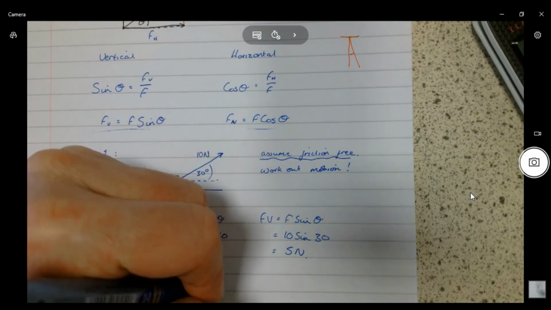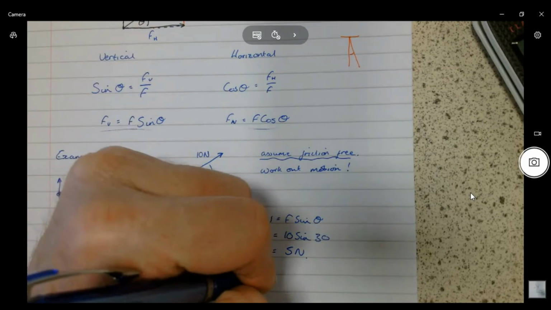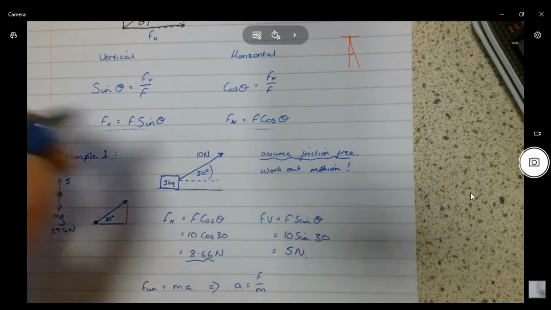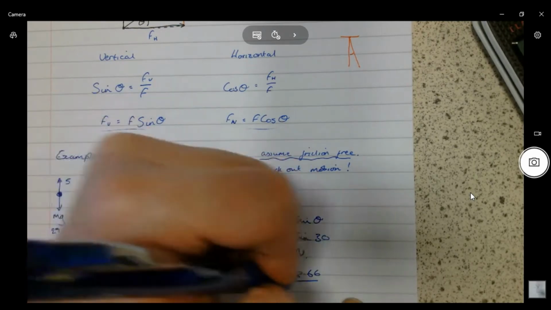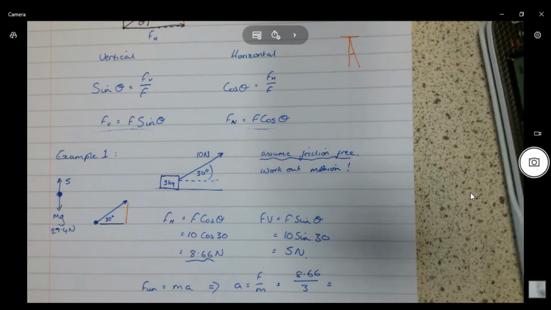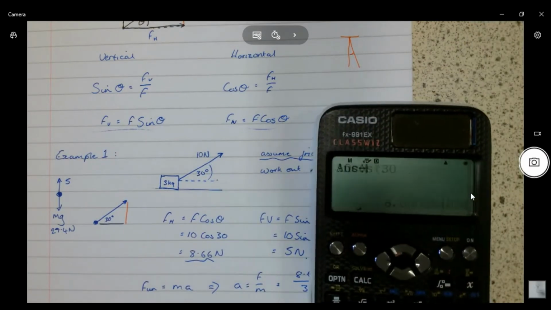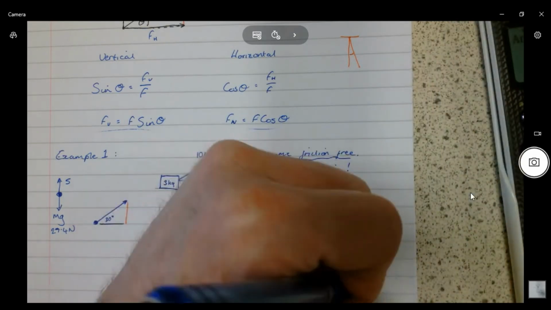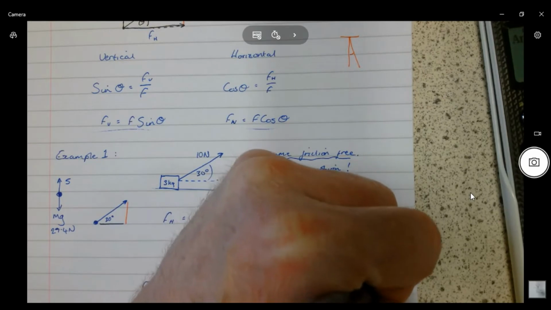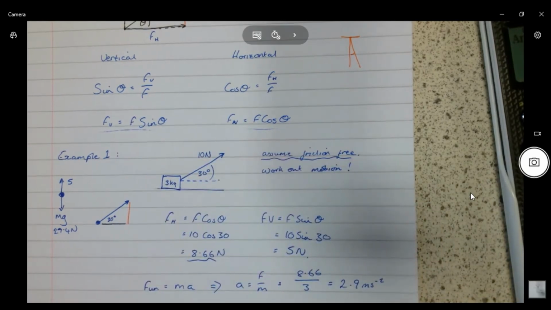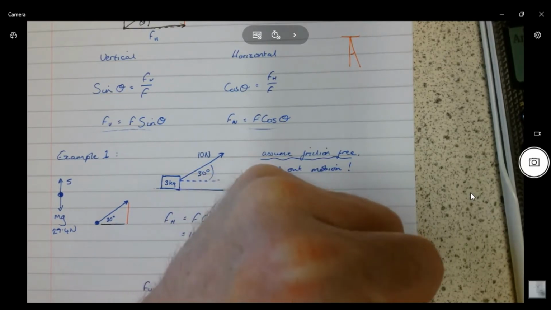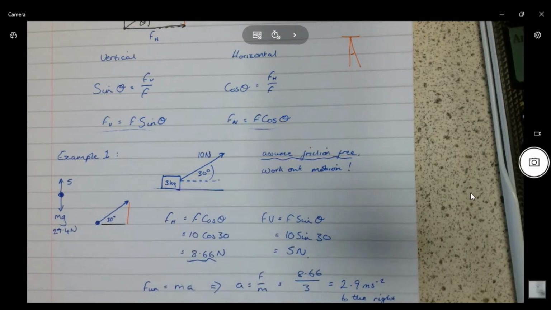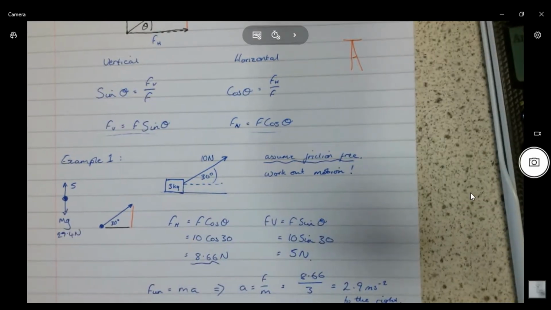We can work out acceleration equals F over M, over its mass. Call it 2.9. So it will accelerate 2.9 meters per second squared to the right. Okay.